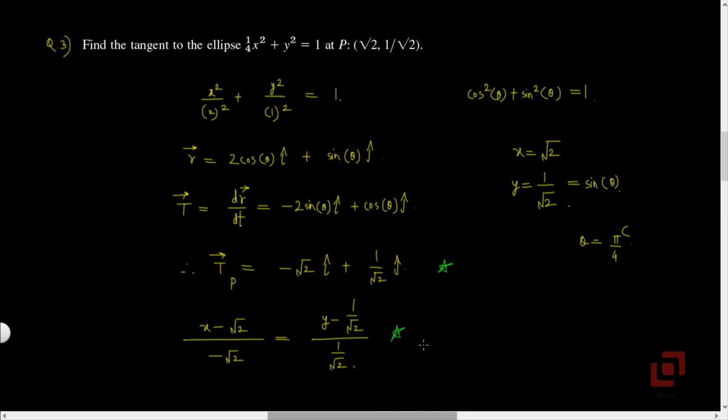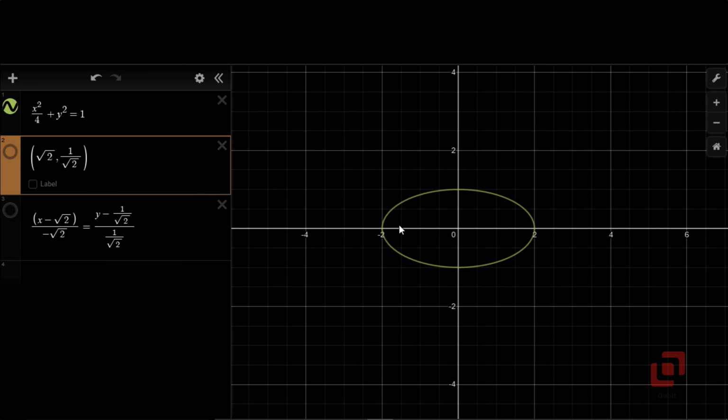So we have successfully obtained the tangent vector at the given point as well as the equation of the tangent line at the given point. And as we did in the previous example, let us verify our result graphically. In this figure here, you can see the green colored ellipse whose equation is x²/4 + y² = 1. Let us locate the point P whose coordinates are √2 and 1/√2.